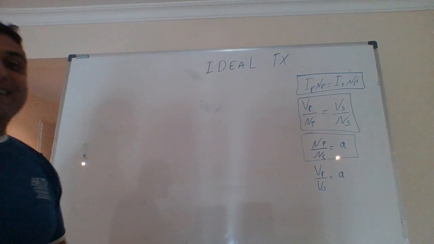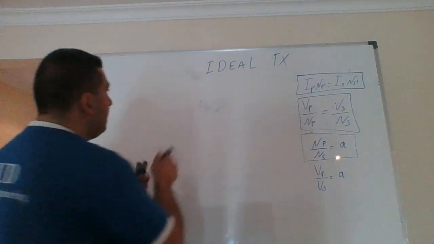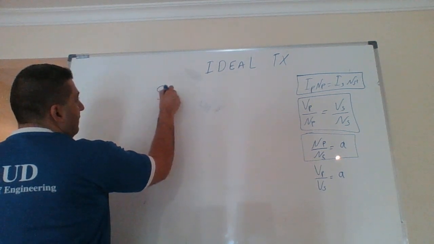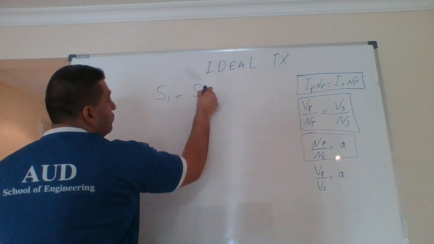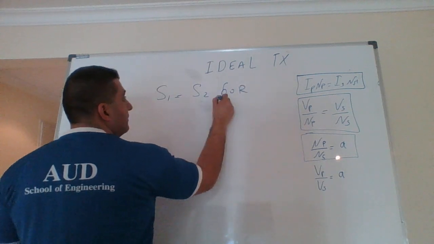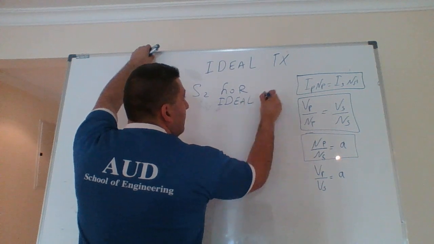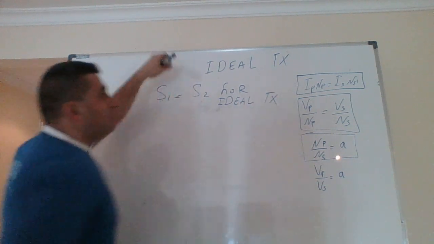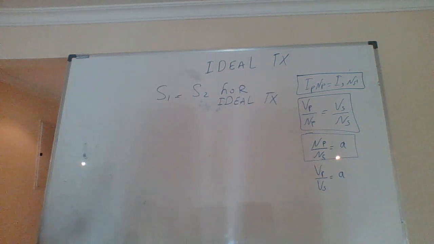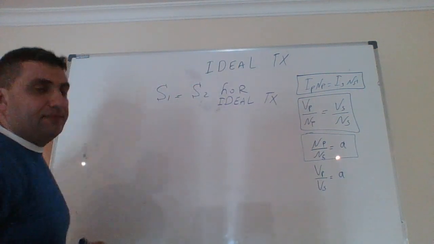That's for an ideal transformer where I have no losses. It's very important to know S1 is equal to S2 for an ideal transformer. For an ideal transformer, the complex power entering is equal to the complex power exiting.